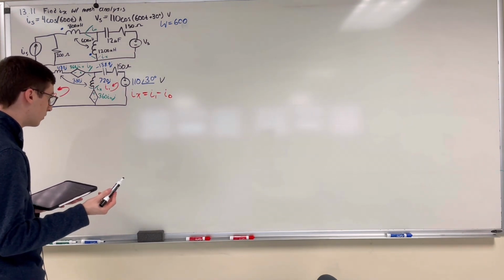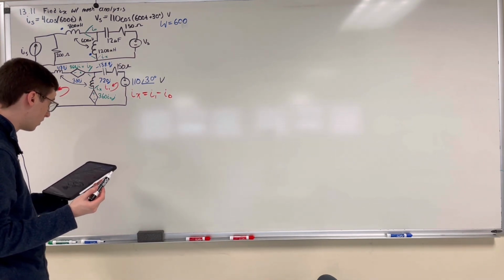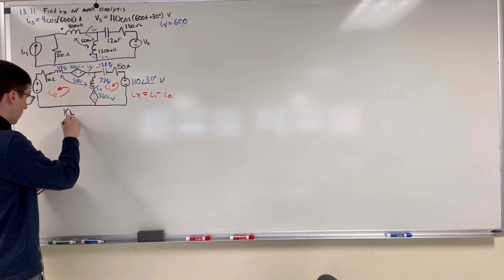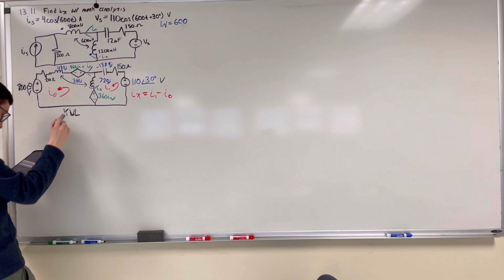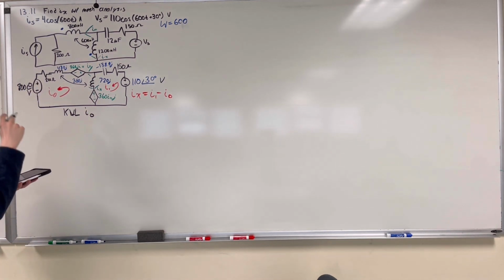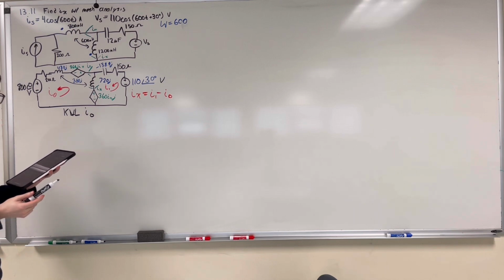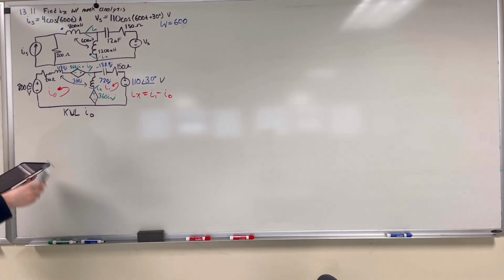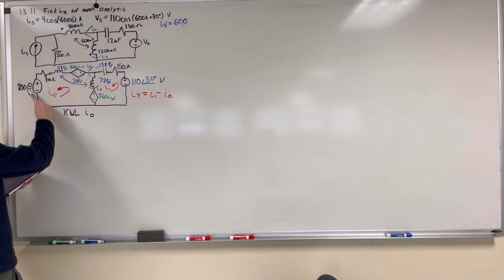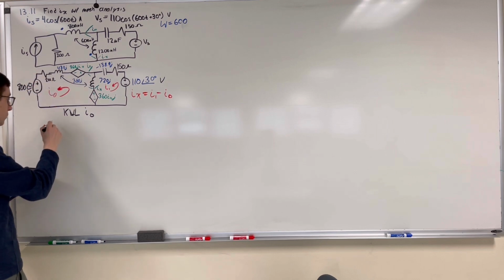So first I'm going to start off with KVL around IO. There are quite a few terms in here, but we can break them down pretty easily. I'm going to start over here at this voltage source. Our current is going to flow through the positive, so we're going to have 800.